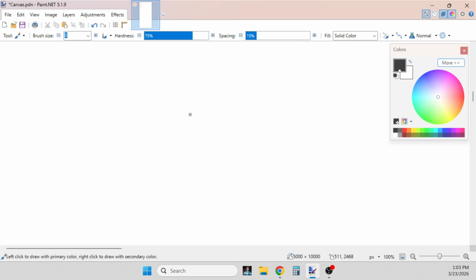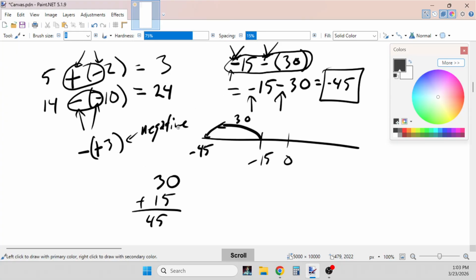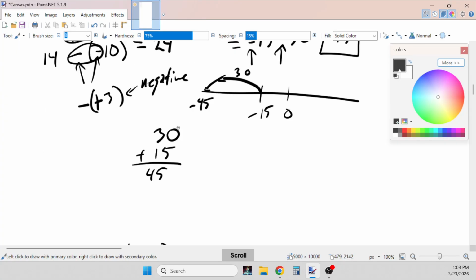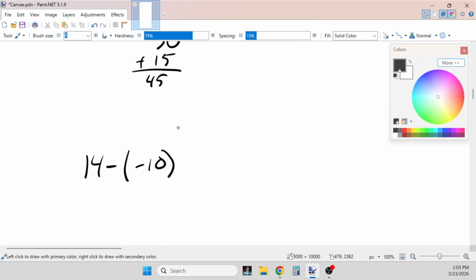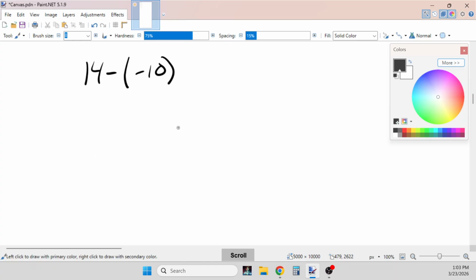We should be able to do subtraction with these as well. I don't know why 14 and 10 are stuck on my. Let's change that.